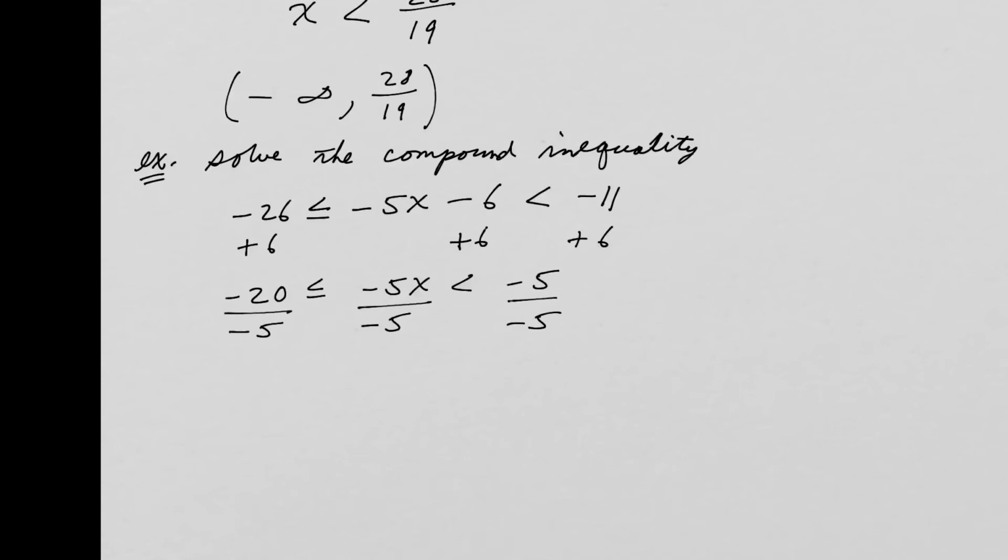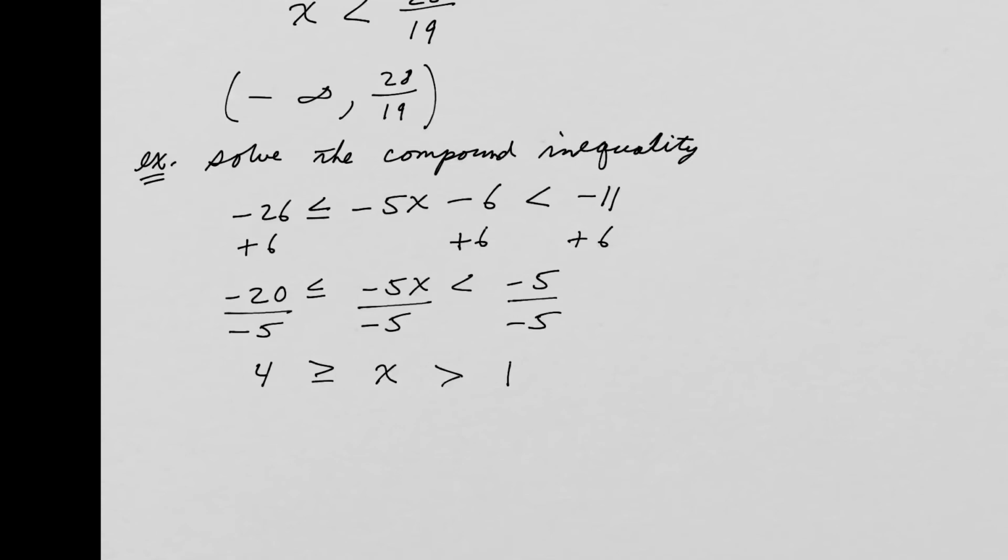So -20 divided by -5 is 4. -5x divided by -5 is x. And then -5 divided by -5 is 1. But because I divided by a negative, I have to flip the sense of all those inequalities. So the less than or equal to becomes greater than or equal to, and then this becomes greater than.